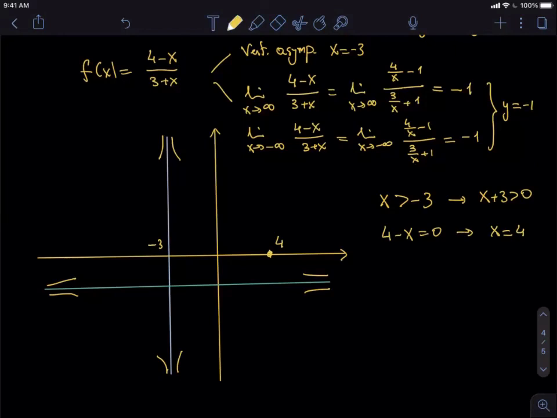With this information, now it's clear, right? We have an asymptote here. The function needs to go either up or down, and it has to go through to the right. So my guess would be that the function is going to look something like this.